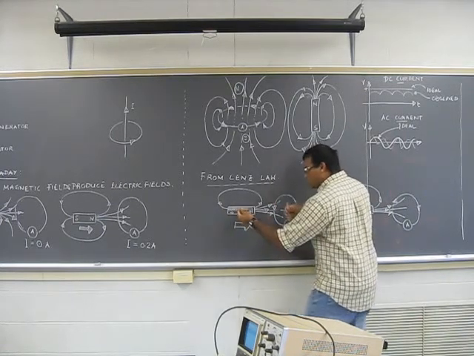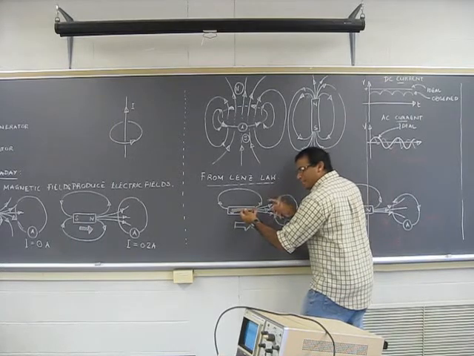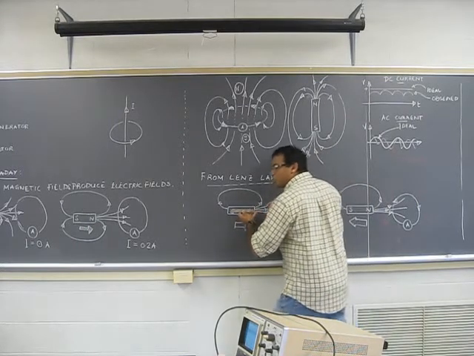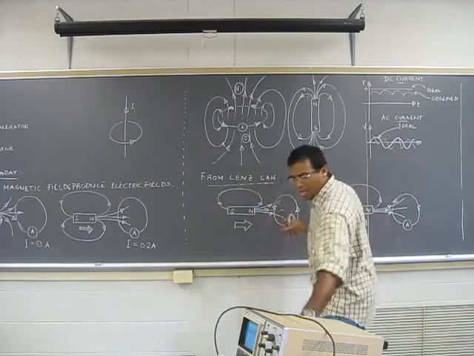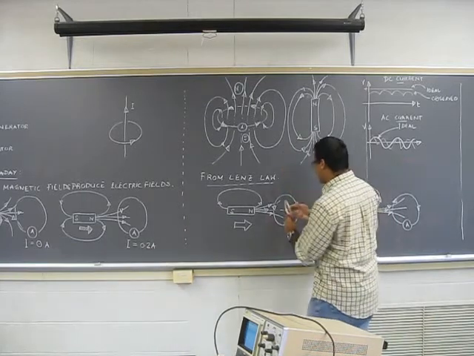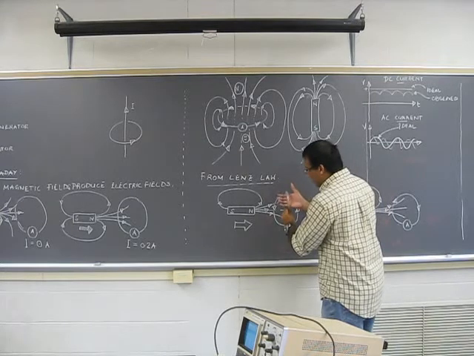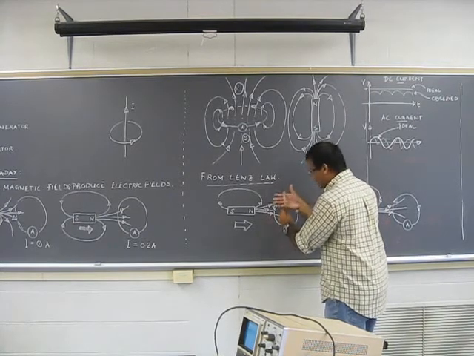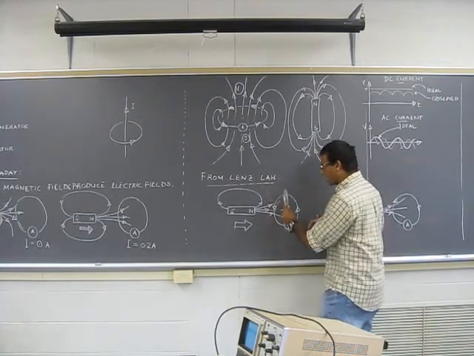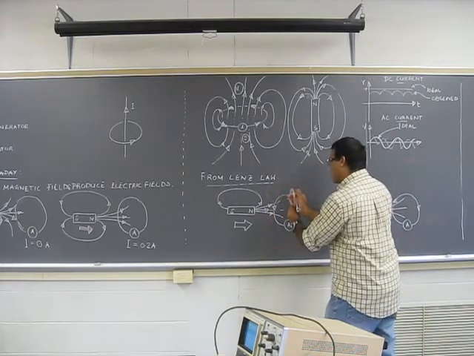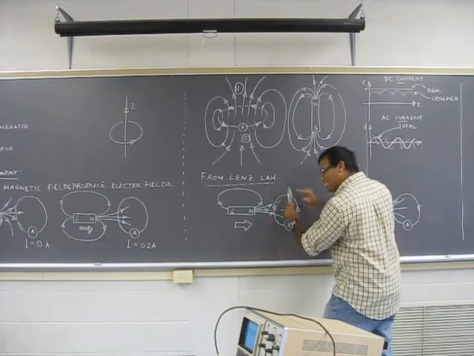When it tries to establish a north pole to repel this magnet, what it needs is a magnetic field with the field lines coming out like this. So that means what? That means I have to establish a current that goes this direction.